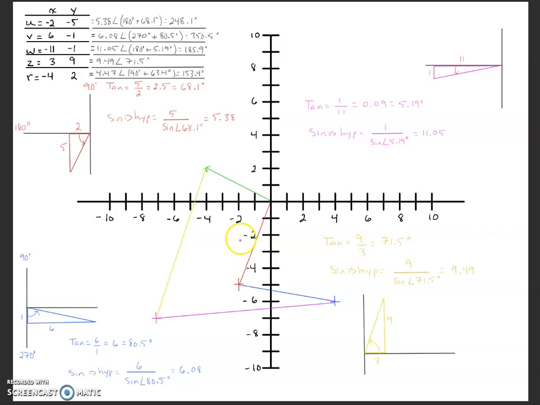We're at -2, so -2 plus 6 is 4. We come over here, and we end up right at 4. And then we come down on the y, -1. So -5, plus -1, gives us -6.